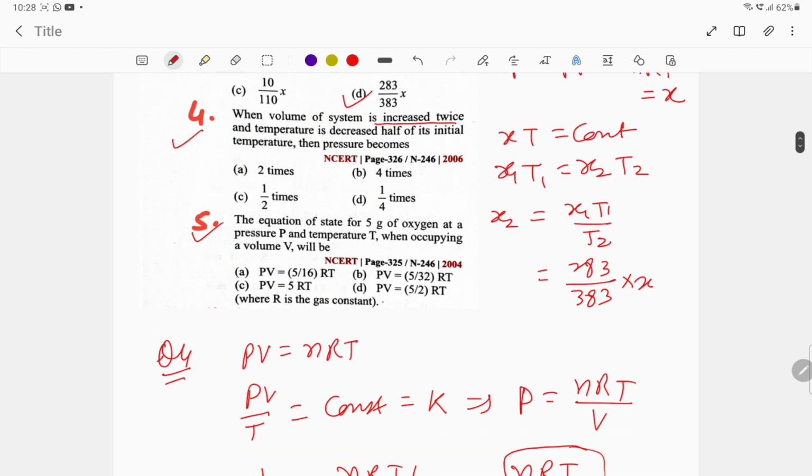Now question number 5. The equation of state for 5 gram of oxygen at a pressure P and temperature T when occupying a volume V will be.